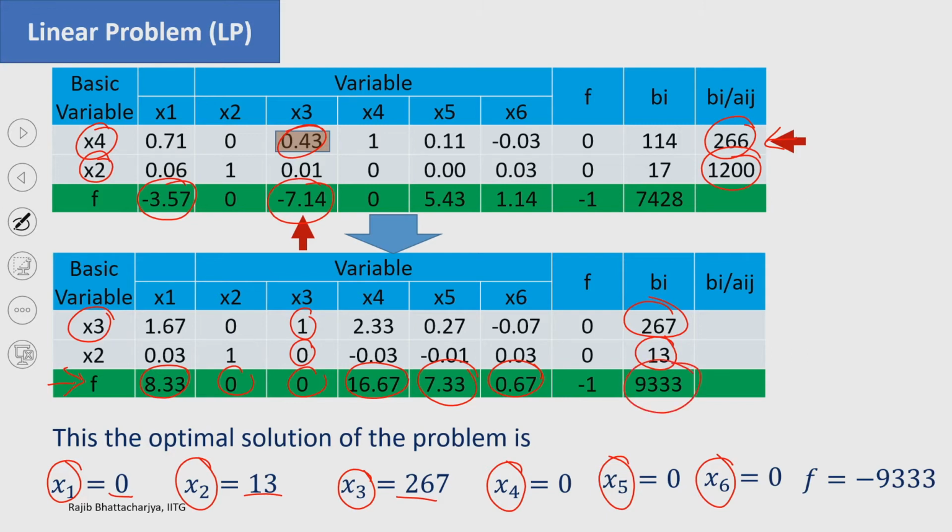Objective function value is minus 9333, that means 9333. So, that is the objective function value.